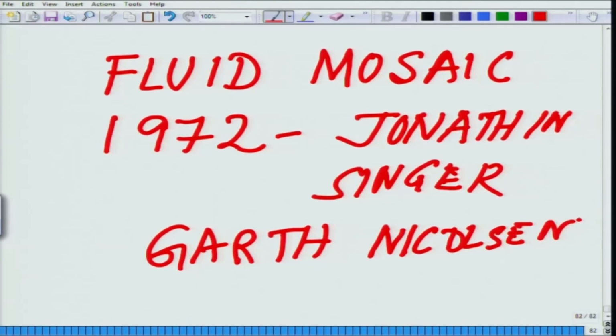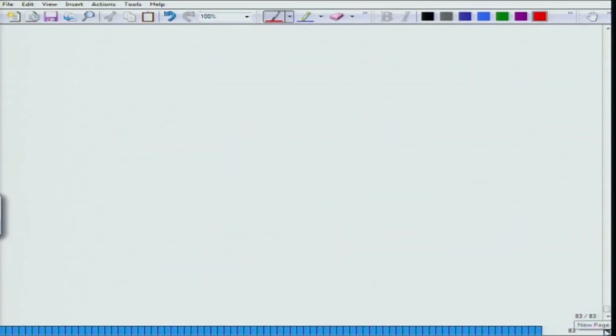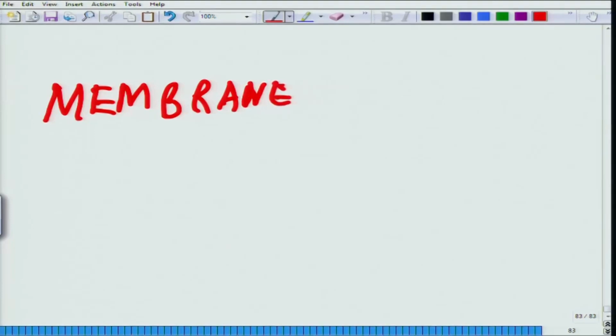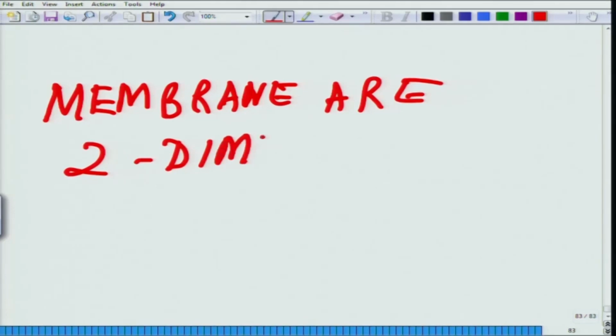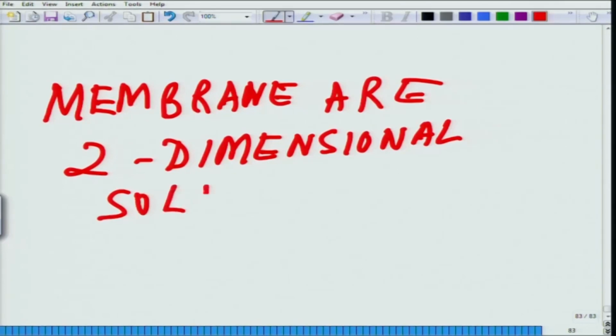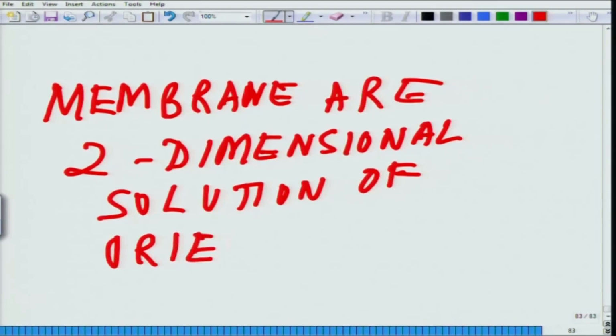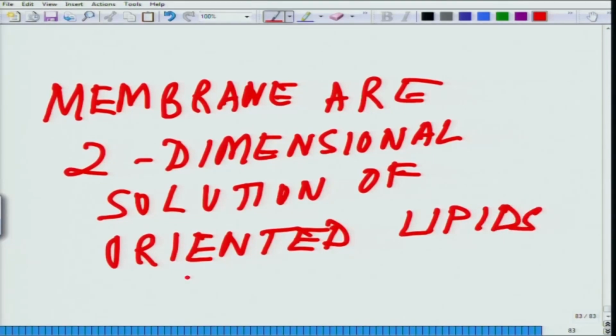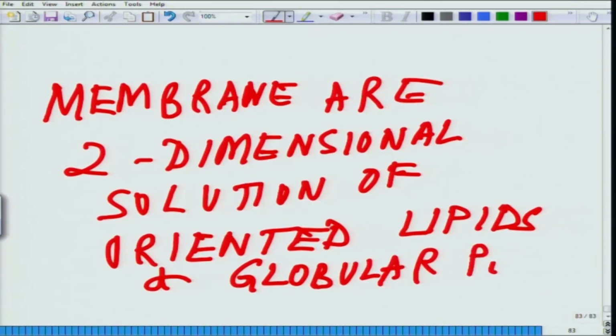What they proposed, their basic definition, is that the membranes are a two-dimensional solution of oriented lipids and globular proteins.